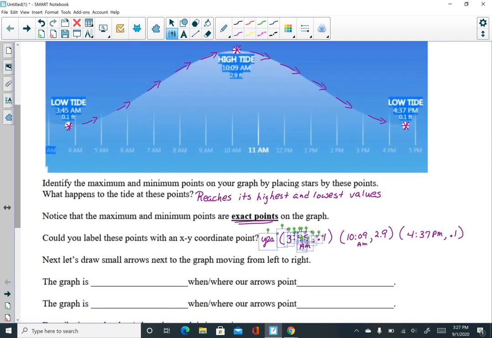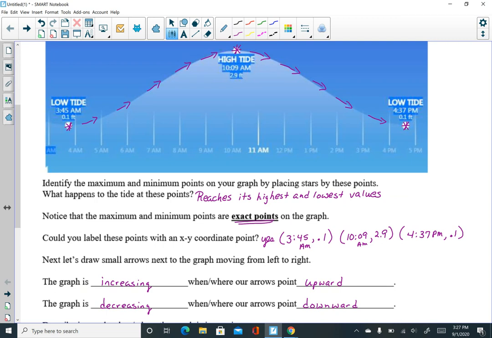So to summarize that, hopefully you would agree here that the graph is increasing when and where our arrows point upward, and our graph is decreasing when or where our arrows point downward. So that is certainly a technique that you can use to help you identify your intervals for increasing and decreasing.